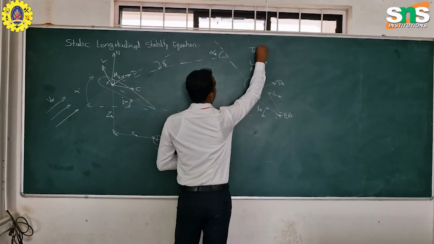This is the vectorial representation of the main wing and tail wing placement with respect to the CG. To maintain the wing and tail in equilibrium, the moment about the CG should be in equilibrium.